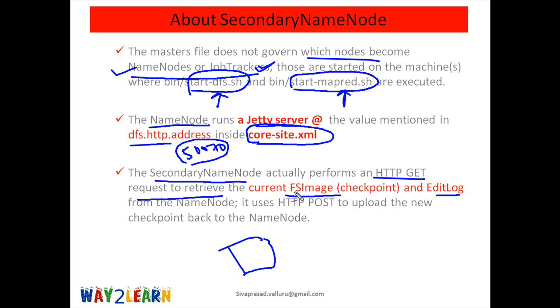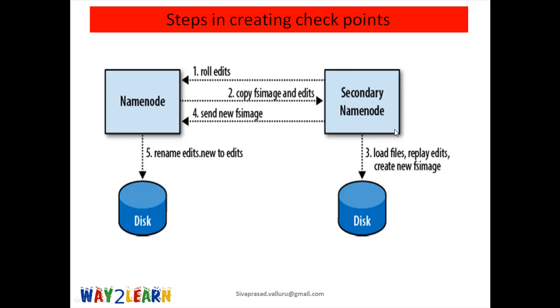After the current FS image and edit log are retrieved from the name node, it will merge these two files and the merged file will be posted back to the name node. So HTTP request is used by the secondary name node, and the name node and secondary name node communicate with each other by using which protocol? HTTP protocol. Remember this.